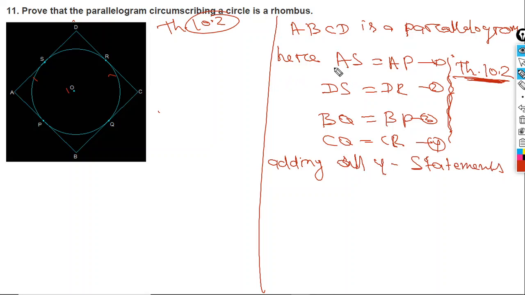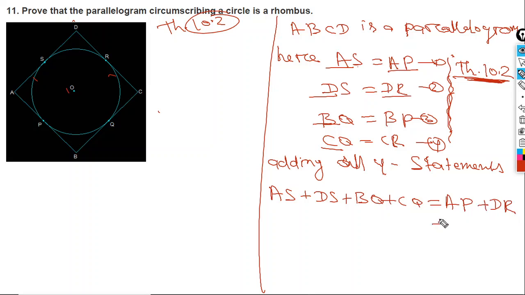We will get what? AS plus DS plus BQ plus CQ equals AP plus DR plus BP plus CR. Implies, look at the figure now, AS plus DS equals AD, we can write AD here.